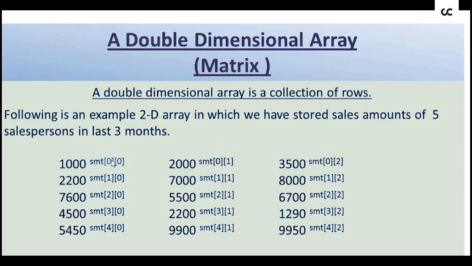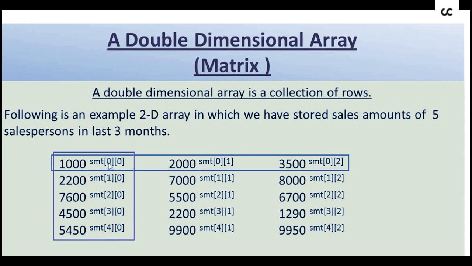So SMT00. There are 2 subscripts. The first subscript represents the row number. The second subscript represents the column number. So SMT00 means we are referring to the element of the first row, first column. This 1000 is that element.